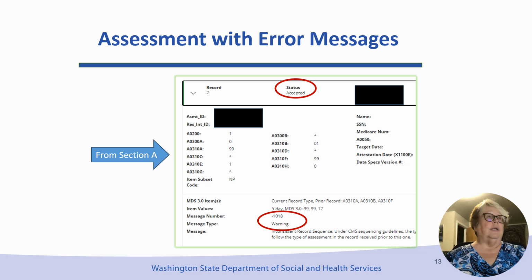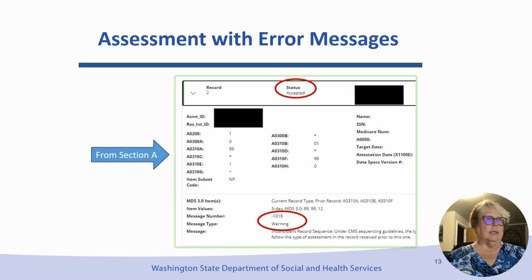When you're looking for an assessment that has an error message, it's going to tell you the assessment ID and the name of the person and so forth. This is the information from section A. So this particular assessment had A0310B of 01 and A0310A of 99. So this is a 5-day PPS, a standalone 5-day PPS. And it was accepted.